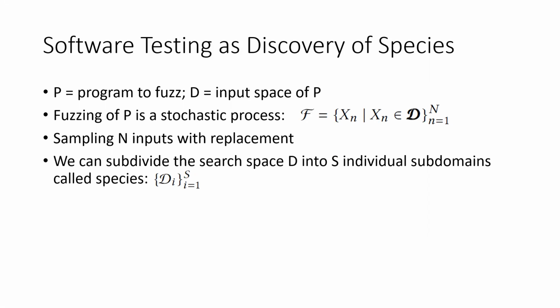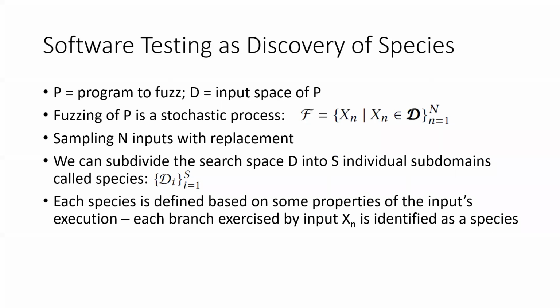You can subdivide the search space D into S individual subdomains, and each subdomain is called a species. A species is usually defined based on some properties of the input's execution. In this case, each species is defined by, for example, a branch, because they're using branch coverage.